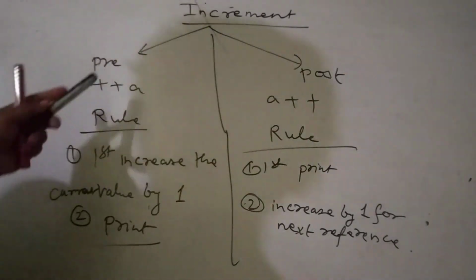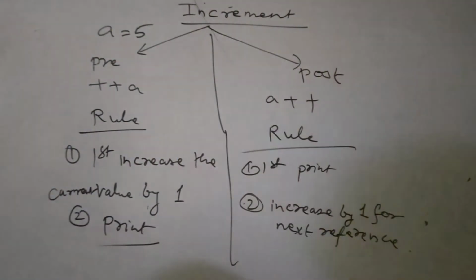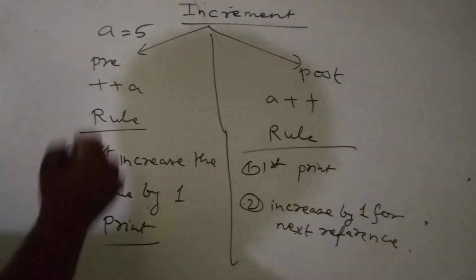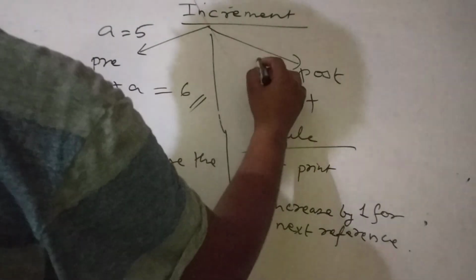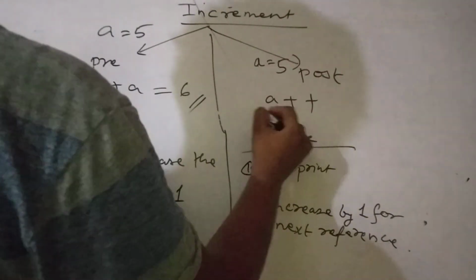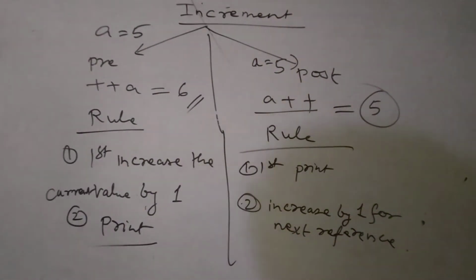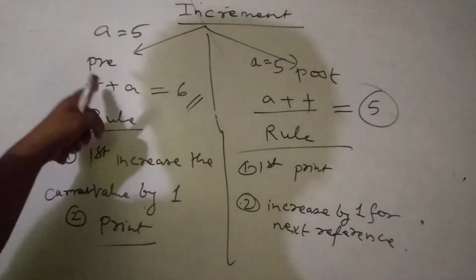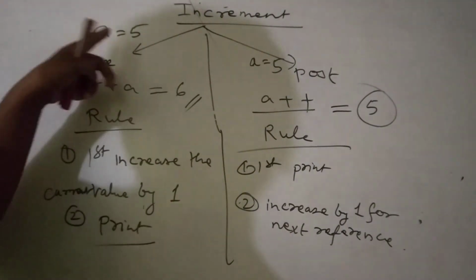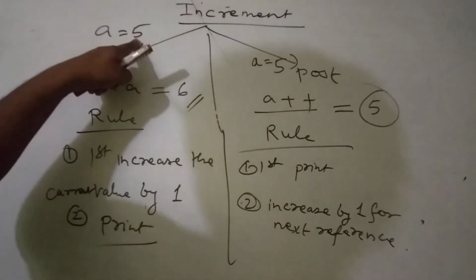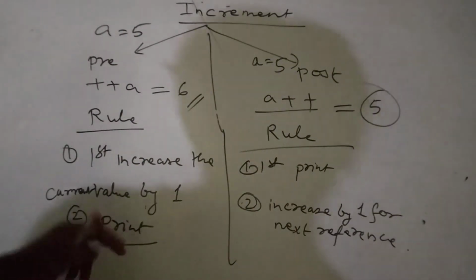Pre says first, suppose the value of a is 5. So plus plus a will give you the answer as 6. And here suppose the value of a is 5. So a plus plus will give you the answer as 5 only. Why? Because pre says first increase the current value by 1, meaning 5 becomes 6 and then the current value is printed.